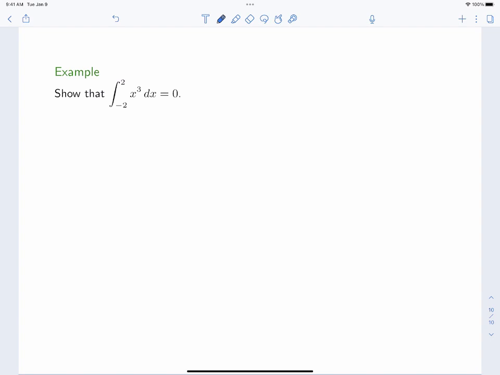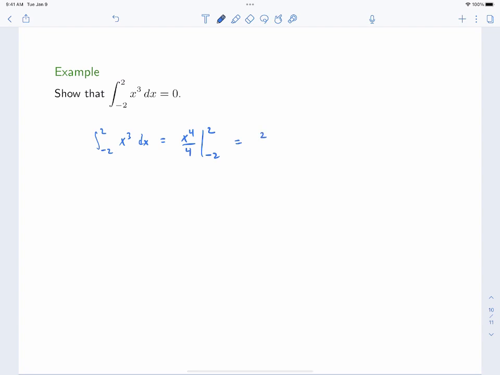Show that the integral from negative 2 to 2 of x cubed dx is equal to 0. Well, x cubed, that's an odd function because it's x to an odd power. Let's just verify it. So the integral from minus 2 to 2 of x cubed dx is equal to, well, we just use the fundamental theorem of calculus. This is going to be x to the fourth over 4 from minus 2 to 2.